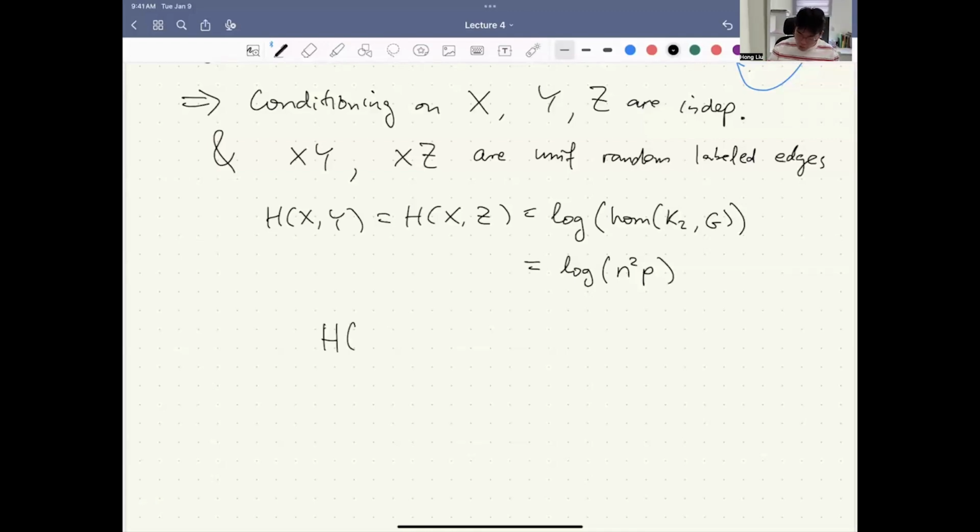Let's look at the entropy of this random K12 homomorphism.